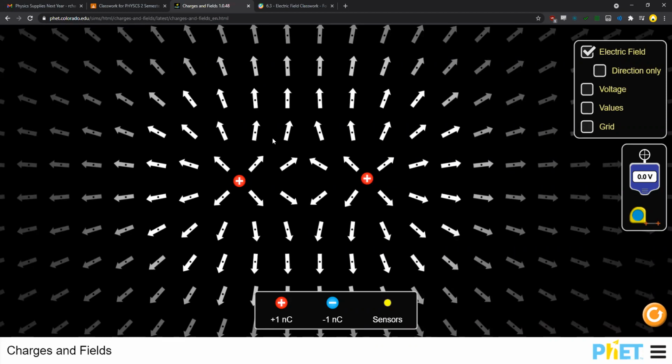And you see something peculiar. You see what resembles field lines repelling each other. Because this is what you see now. You see electric field lines just moving away.